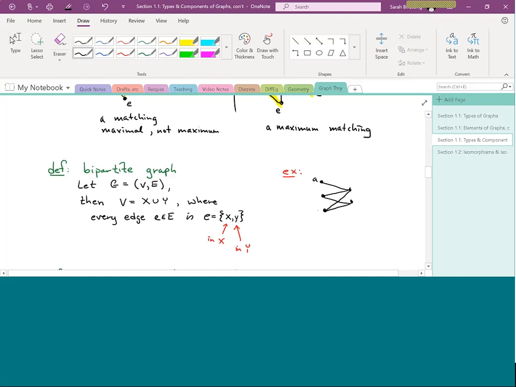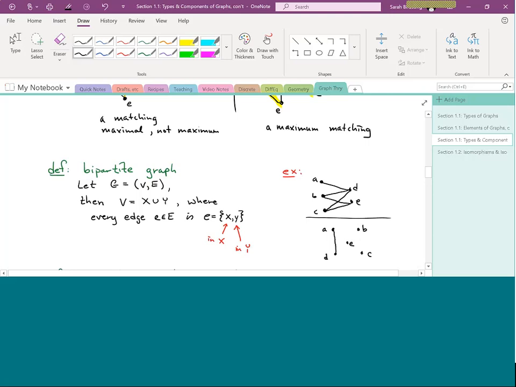So let me go ahead and label these guys A, B, C, D, and E. Maybe we actually throw those vertices in a different orientation. Maybe we have something like A, B, C, D, and we put E in the middle for whatever reason. So A to D, I'm just copying the same edges.